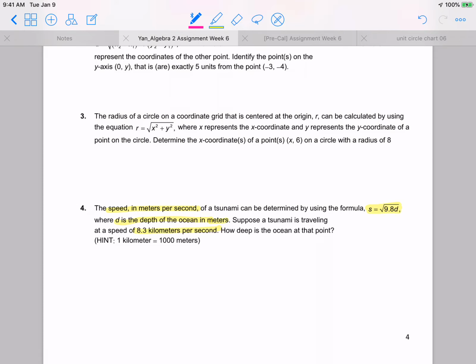So which letter are we given? 8.3 kilometers. That's actually our S, right? We can substitute our S with 8.3, but here's the thing. It's actually in kilometers right now. So we want to change this into meters to match our information. Okay, and it tells us that 1 kilometer equals 1,000 meters.